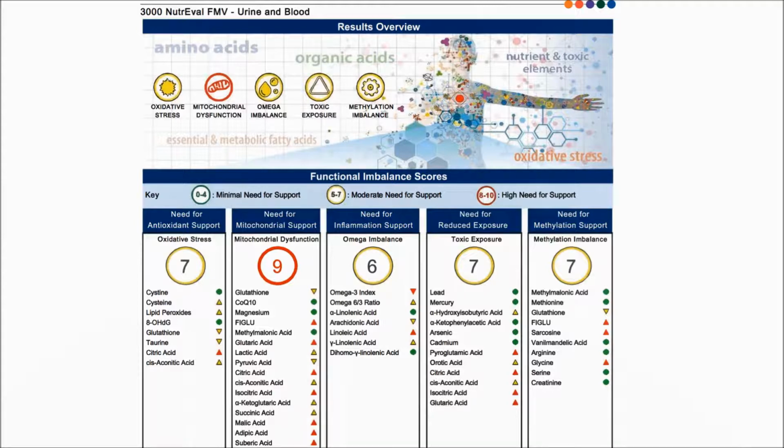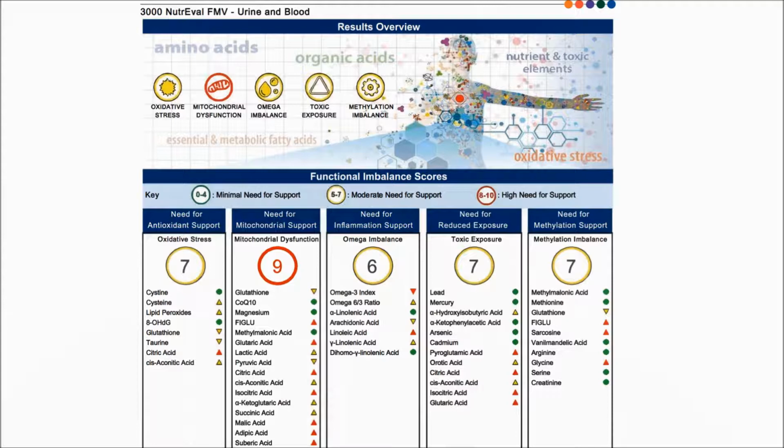And the lab does an enormous amount of tests on all of the organic acids throughout your urine and your blood. It also tests for heavy metals and toxic exposures, oxidative stress, and mitochondrial function of your body. It looks at fats, whether your level of omega-3 fatty acids versus your omega-6 fatty acids, saturated fats, as well as omega-9s.